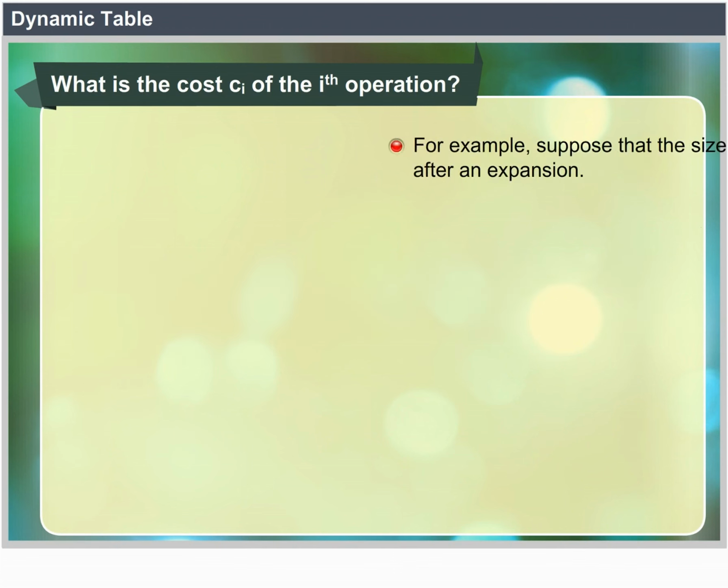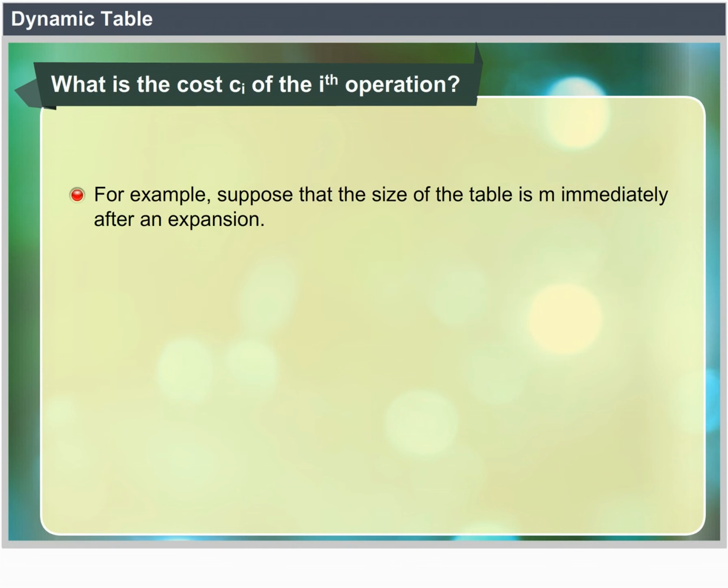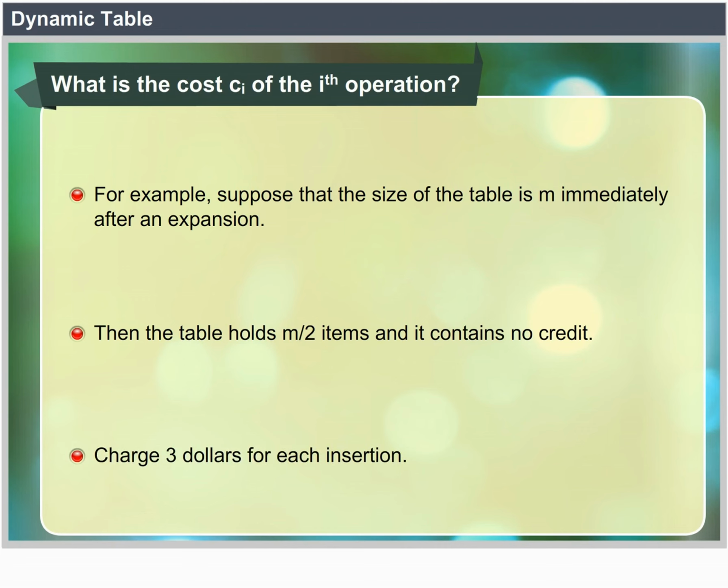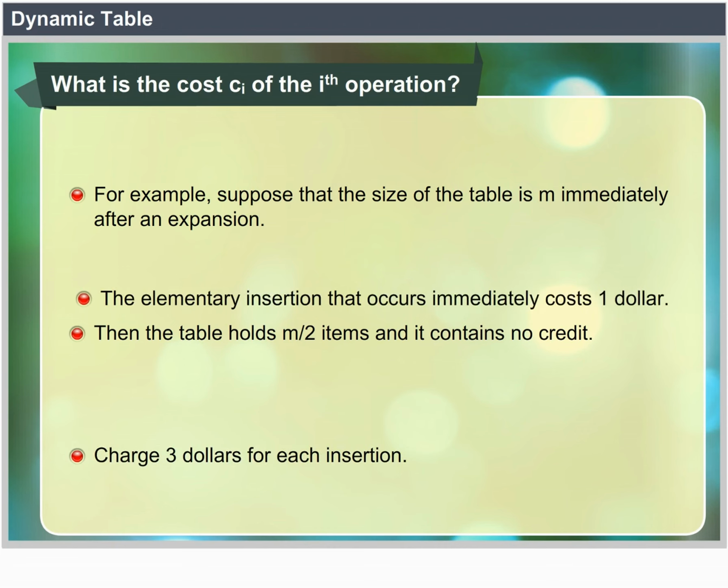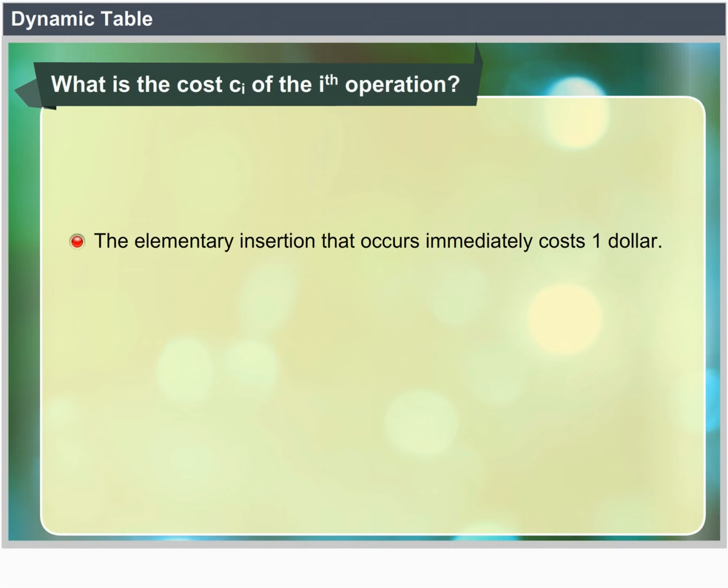For example, suppose that the size of the table is m immediately after an expansion. Then the table holds m/2 items and it contains no credit. Charge $3 for each insertion. The elementary insertion that occurs immediately costs $1. Place another $1 as credit on the item inserted.